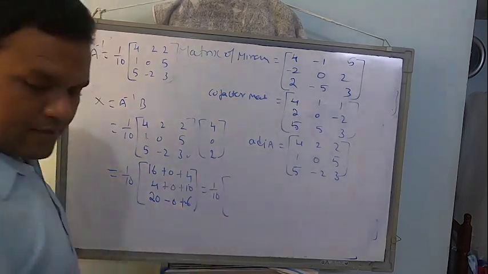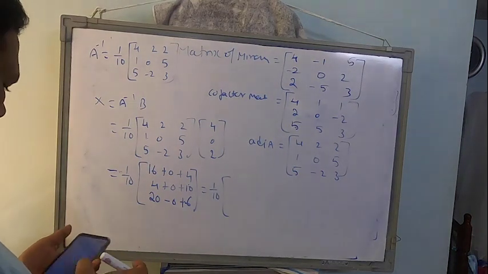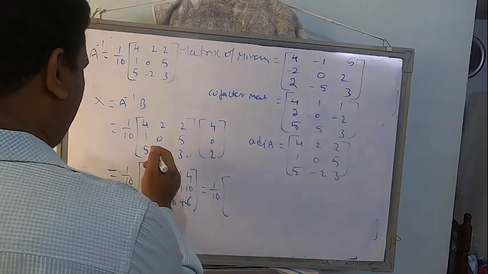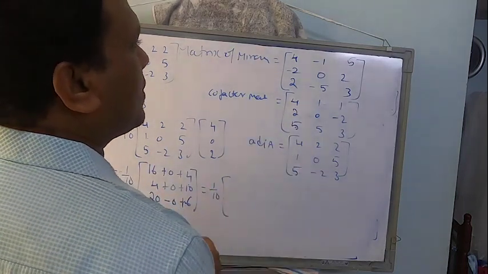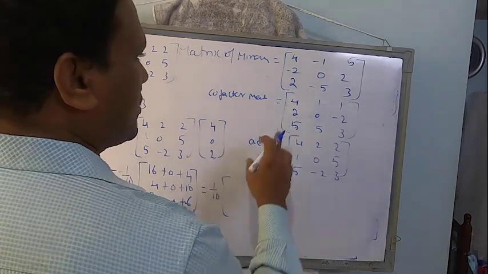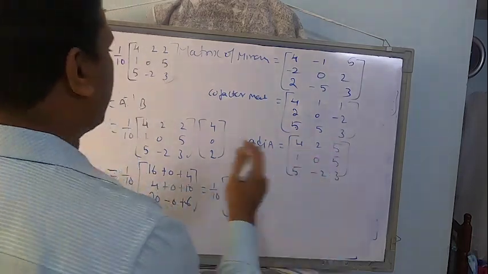So 1 by 10 as it is. That's minus 5. I missed it somewhere. The transpose I have written. Okay. Now the transpose of this, 4 2 5. I didn't change here.